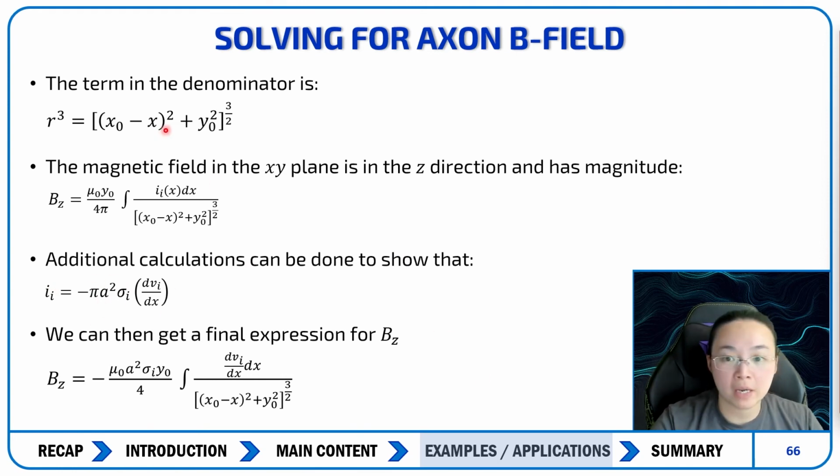And then we can combine everything together to get an approximate expression for the magnetic field along the z-axis around an axon. So this is a very general explanation of what can be done mathematically and theoretically to model the magnetic field around an axon.